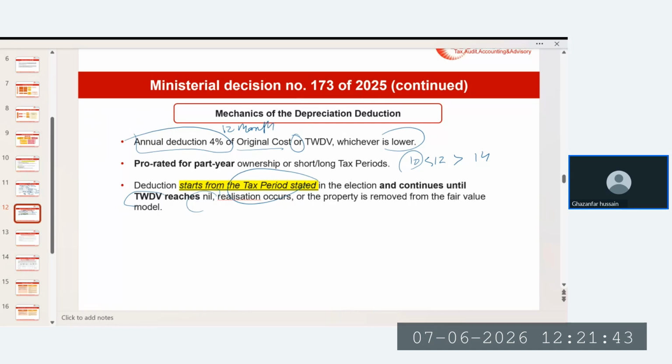As in the earlier example, if the asset was purchased 5 years before the first tax period and the total life is 10 years, let's assume that, then for the 5 years after the tax period he will apply this rule.